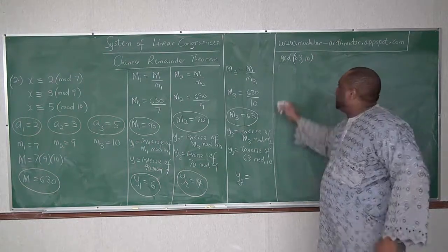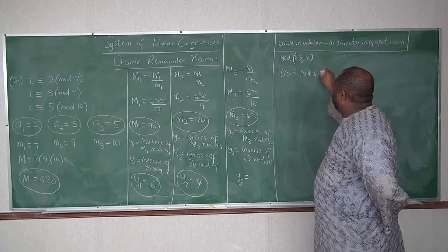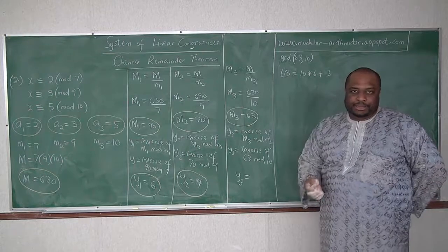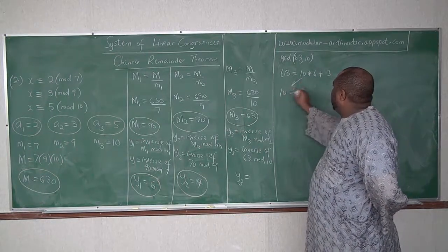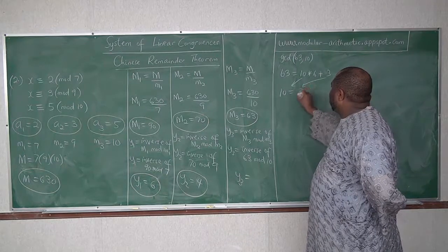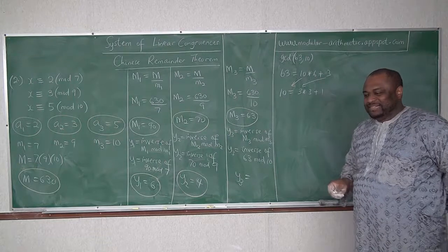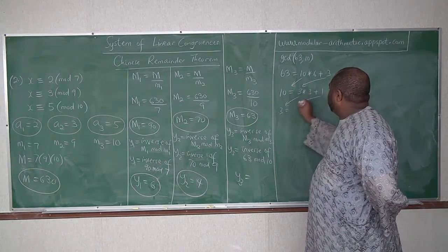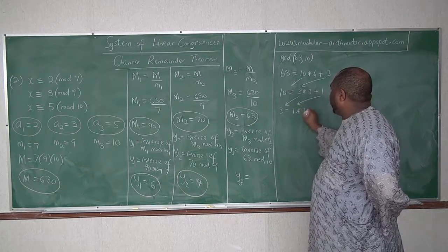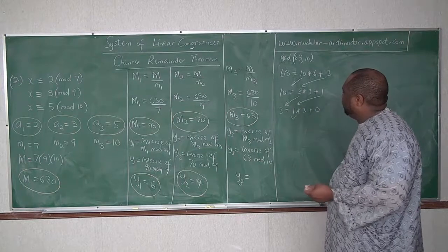63 is 10 times 6 plus 3, right? 10 is 3 times 3 plus 1. 3 is 1 times 3 plus 0. So this 1 is the divisor.